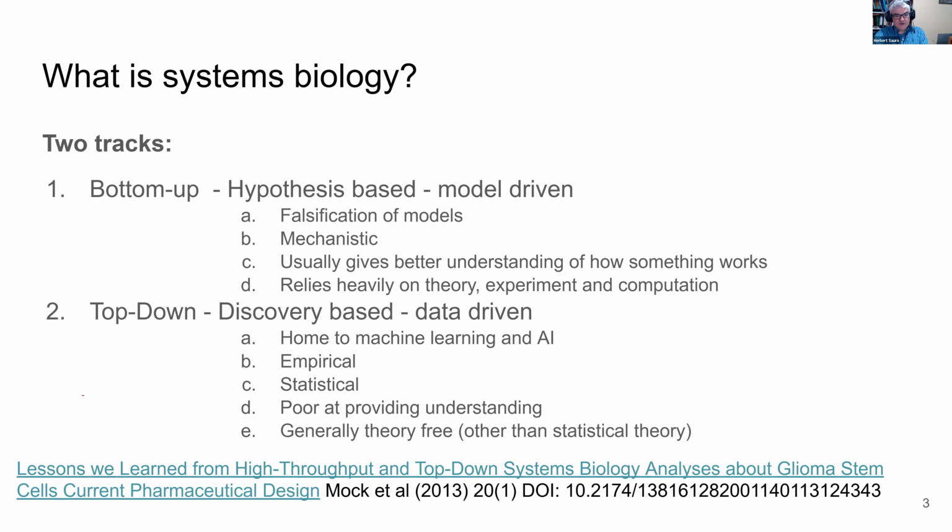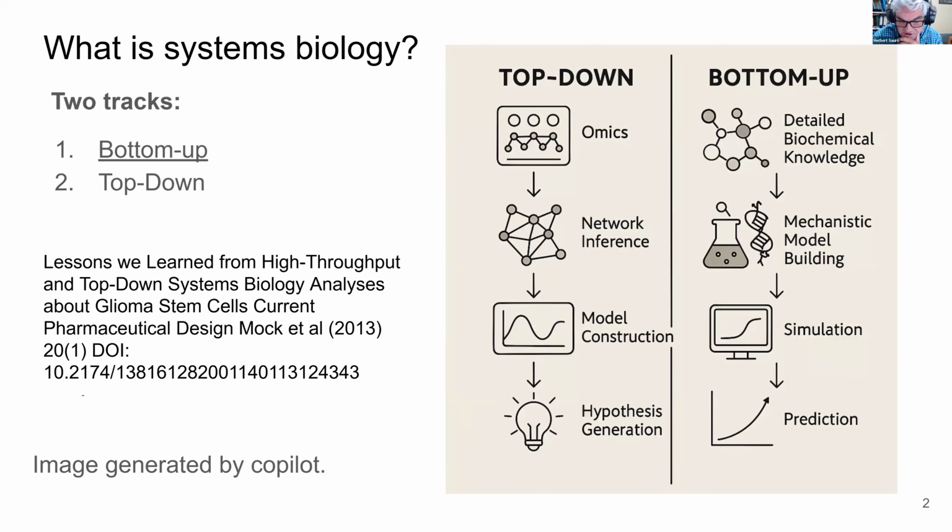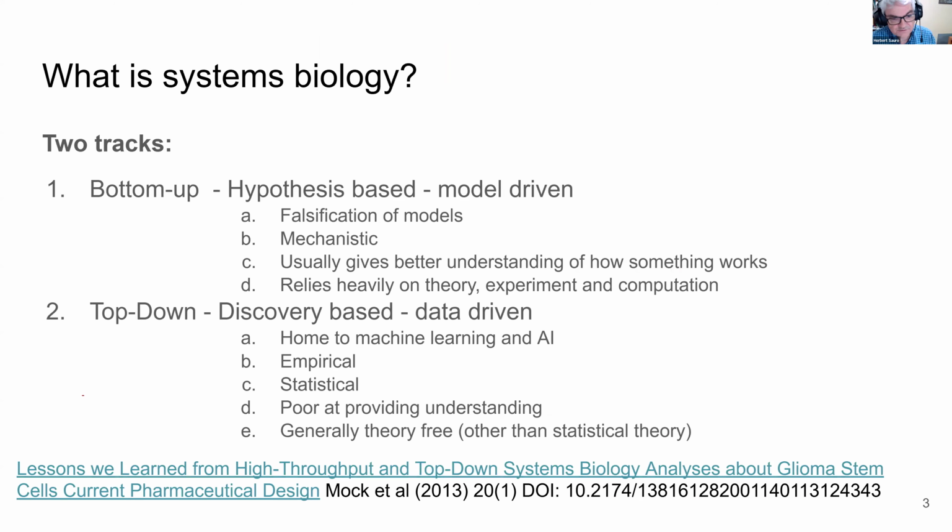As a result, it gives you a better understanding and insight into how something works. And it relies heavily on theory, experiment, and computation, right? So there's a lot of theory as well. I mean, this diagram only shows simulation, but there's a lot of theory involved too. And there's generally a tight combination between experiment, computation, and theory.